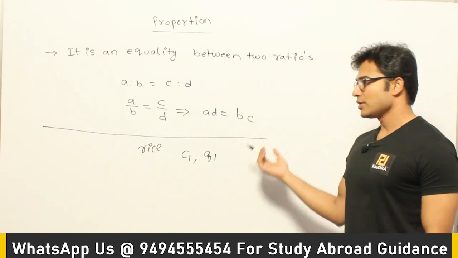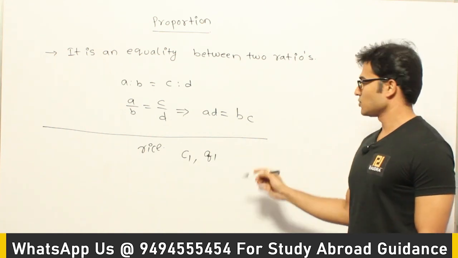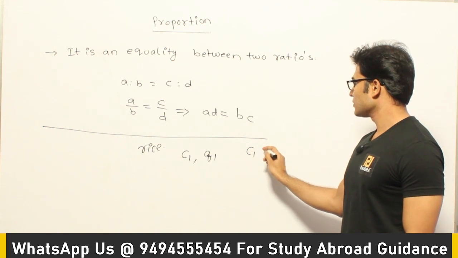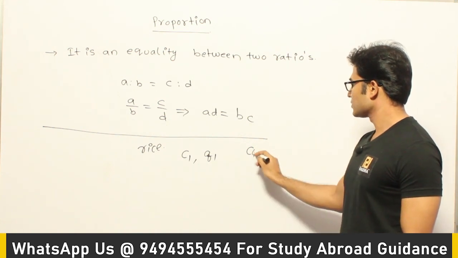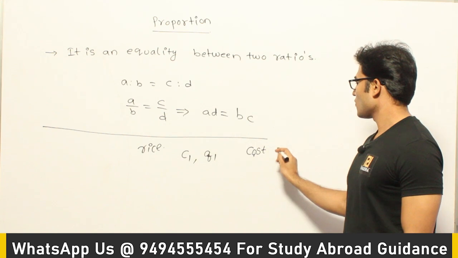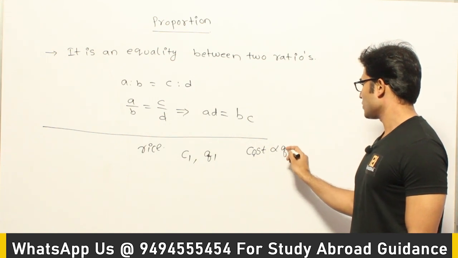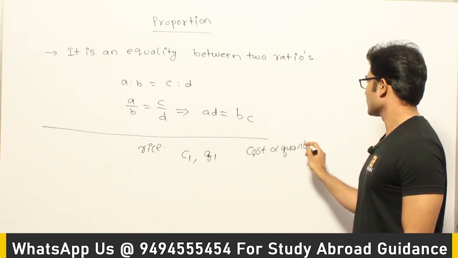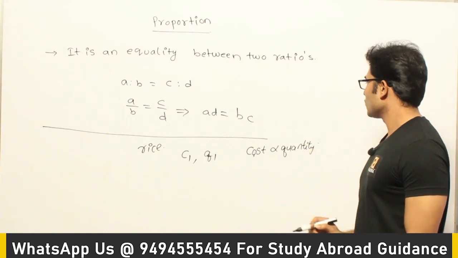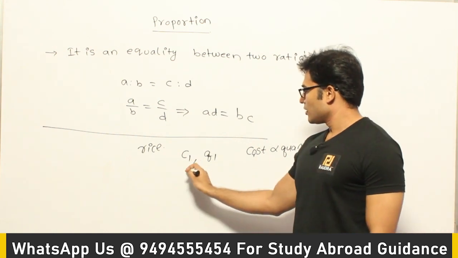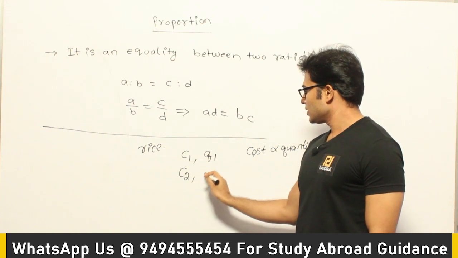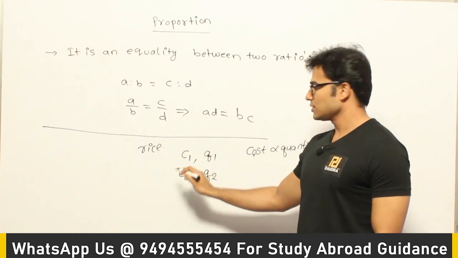As you increase the quantity, the cost is going to increase. So what does it mean? C1, or you can say cost of rice, is directly proportional to the quantity, right? Therefore if the quantity is Q2, then the cost is C2.